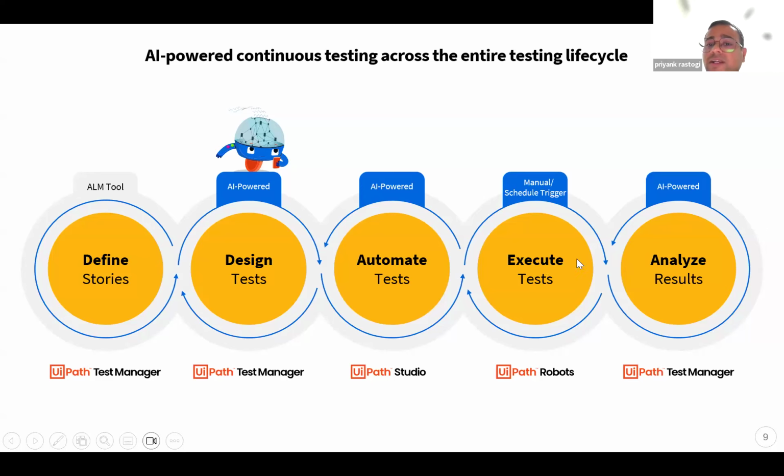And later on, once we execute, there will be AI-based analyzed results, which can tell the test cases failed because of this reason, and that you should focus on these items. Let's say majorly the test case fails at a UI level, so you can improve your selectors. Such recommendations will be provided by the AI report.